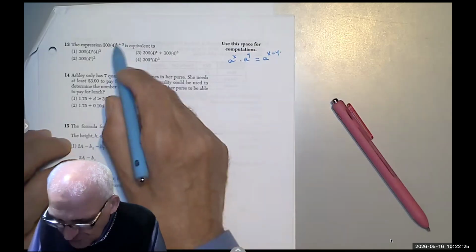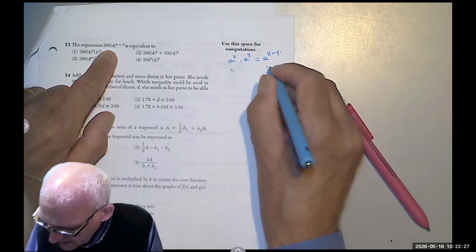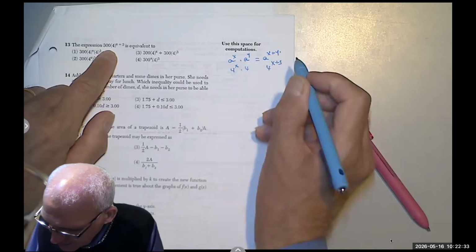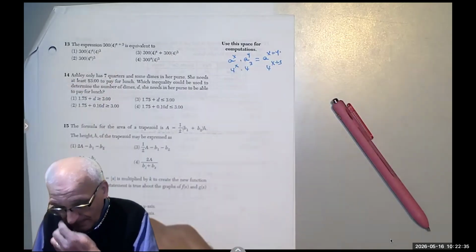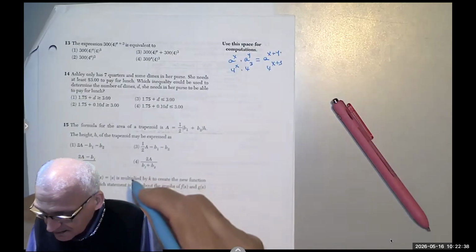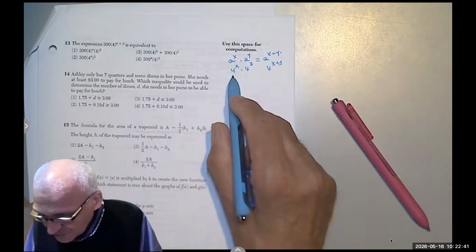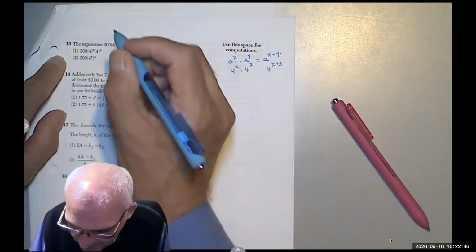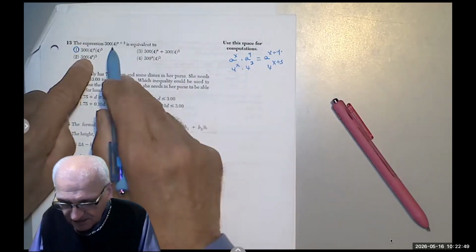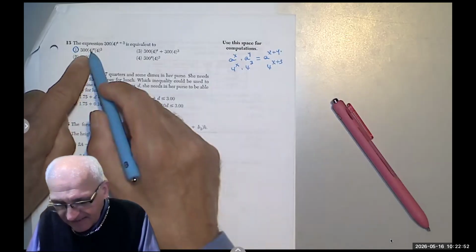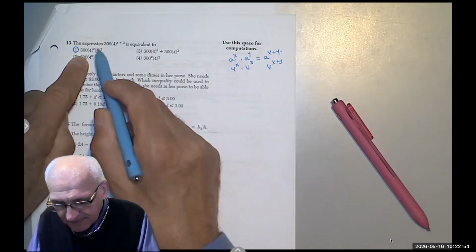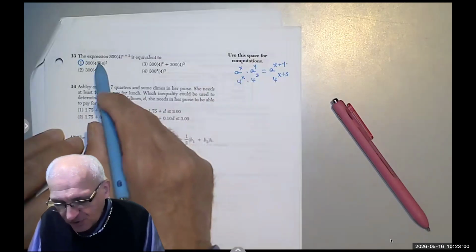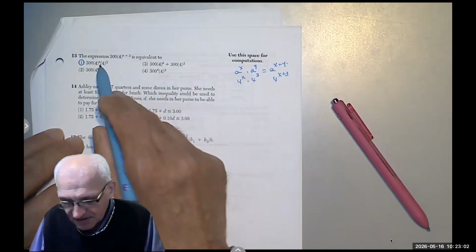So if I have 4 to the x plus 3, it must be 4 to the x times 4 to the 3. That is number 1, right? The 300 is a constant, so I don't care about that. If I have the same base and a multiplication, when you do the power or the exponent, you add the exponents. So this is equivalent to that.